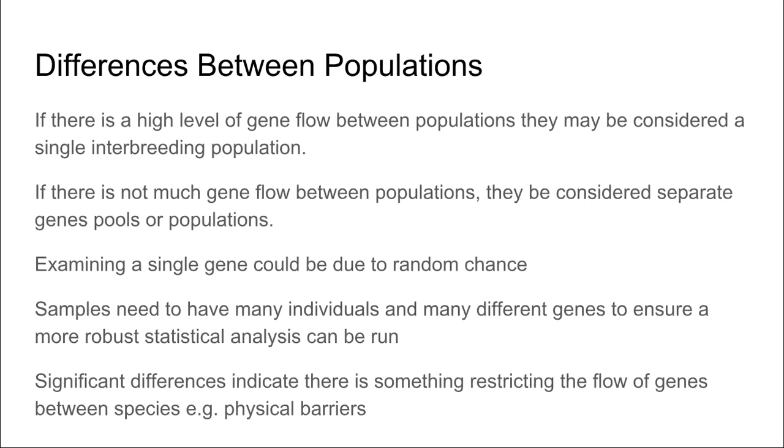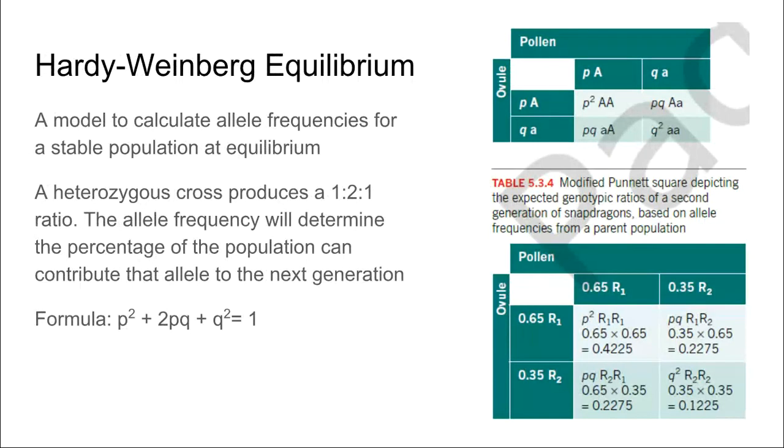So we need a wider scope to make sure that we can make these predictions and statements accurately, which is why we sample many different genes and undertake some really robust statistical analysis to ensure that we do make correct statements about populations and gene frequencies. If there are any significant differences, this usually indicates that something is restricting the flow of genes between species. Sometimes that is physical barriers, but there can be some other reasons why this happens.